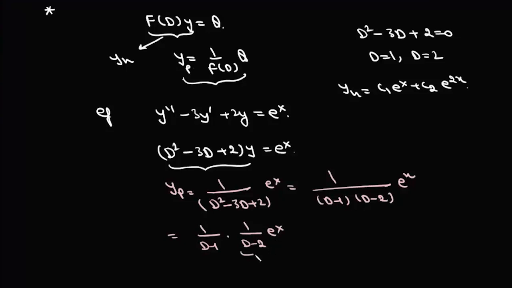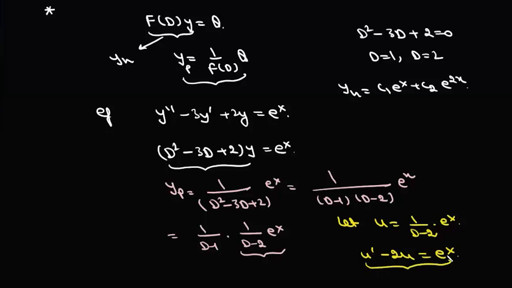Now what we'll do is first we'll solve this. So we'll let u equal 1 upon D minus 2 e to the power x. Now this is u dash minus 2u equals e to the power x, which is nothing but a linear differential equation of first order in u.